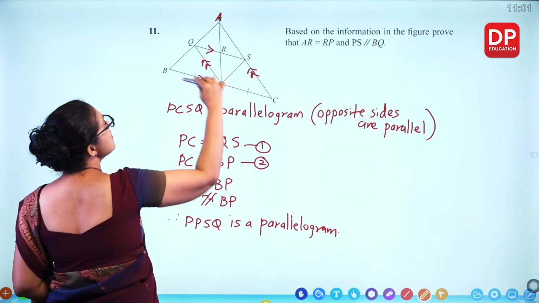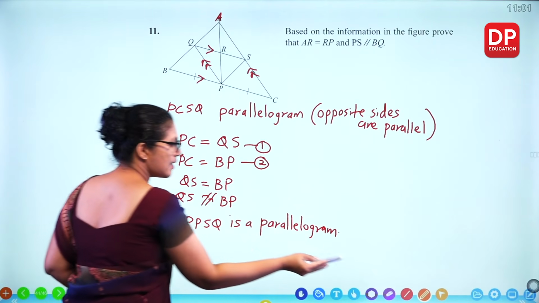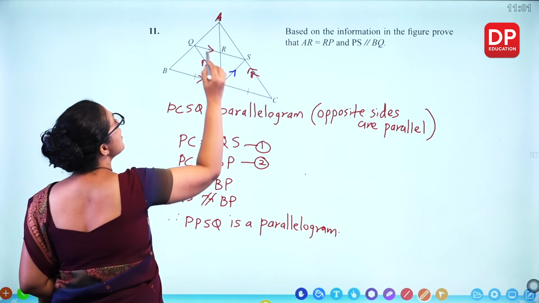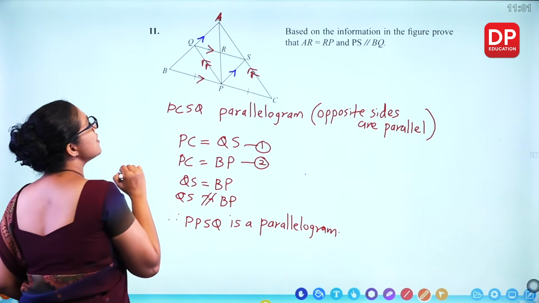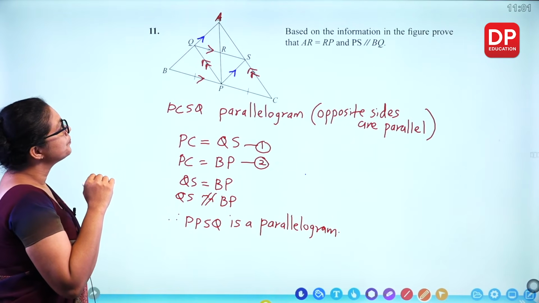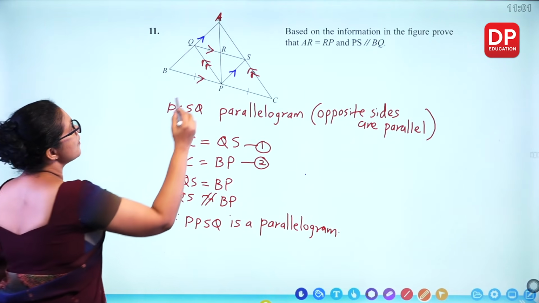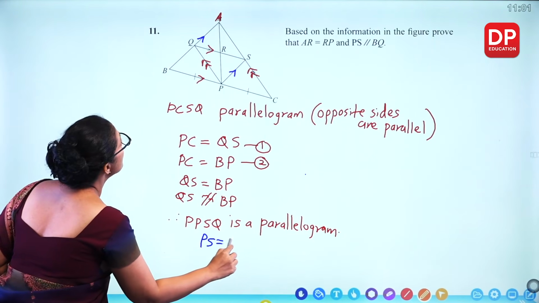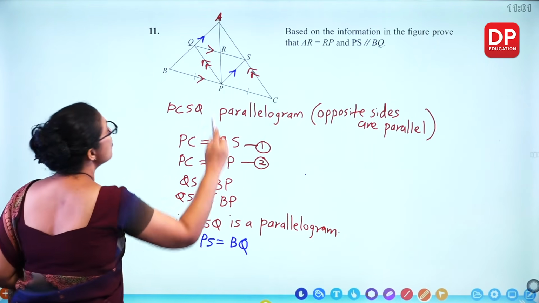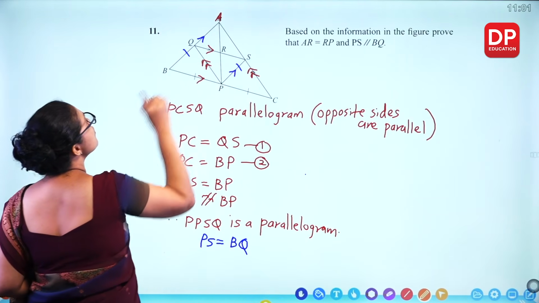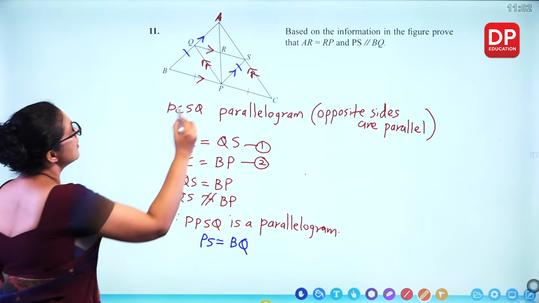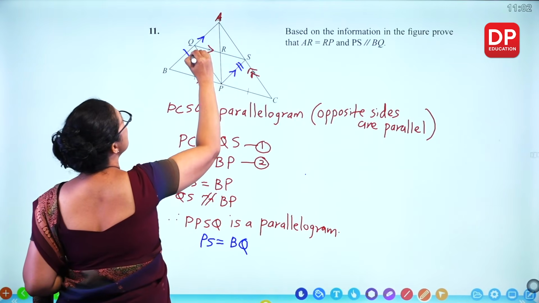So this is a parallelogram, which means this one is parallel to this one as well. And also we know PS is equal to BQ. This length is equal to this one, and I'll put two lines here.